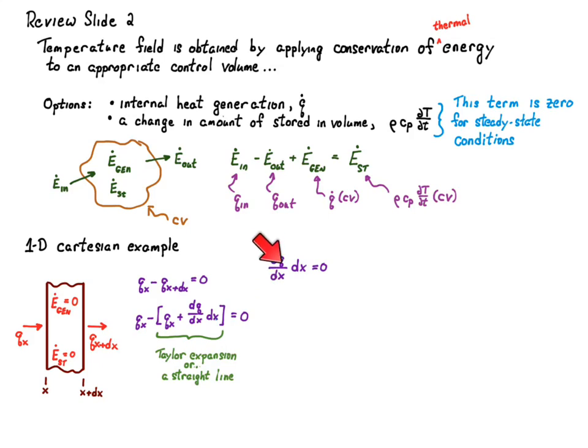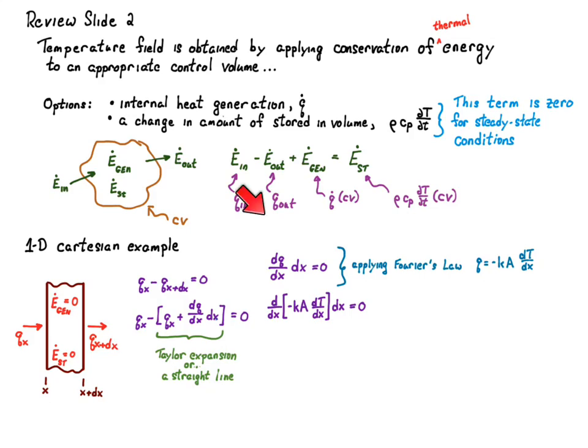So let's take a look at it. Here's the functional term of q with respect to x times, now this is an actual number, shall we say. This is the distance that we're looking at. So the dx term is physically this value, which we're going to consider a constant in our analysis. To get the value for q, we're going to apply Fourier's law, which we've just developed, and in doing this, we can now write Fourier's law in for the value of q.